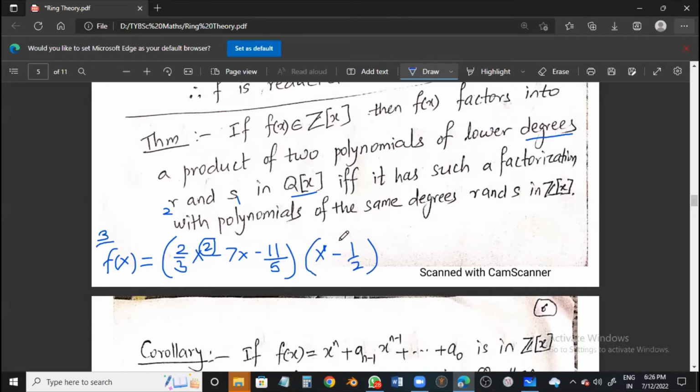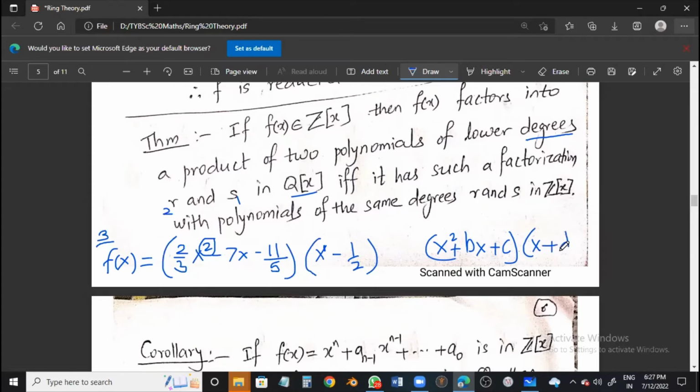If and only if it has a similar factorization. What do I mean by similar? I mean I have something like x square plus bx plus c multiplied by x plus d.